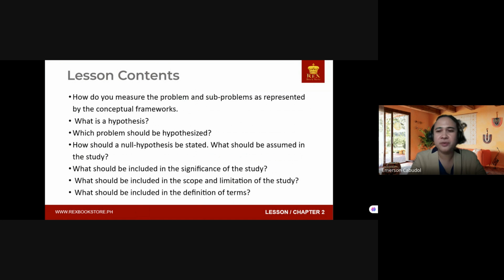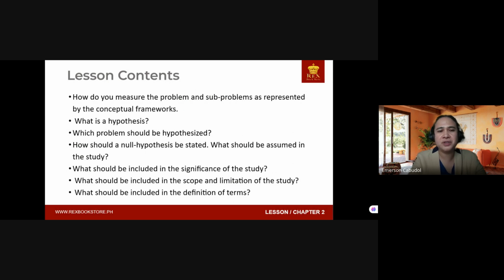Furthermore, we are going to attempt to talk about measurement of the problem and subproblems as represented by the conceptual framework, the definition of what a hypothesis is, what problem should be hypothesized, and how a null hypothesis should be stated, and what should be assumed in the study assumptions. What should be included in the significance of the study?